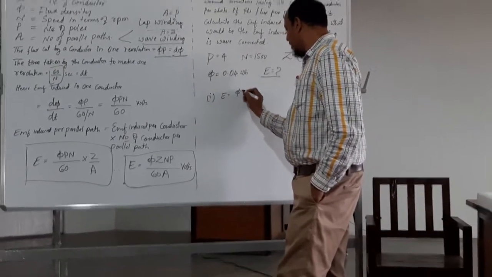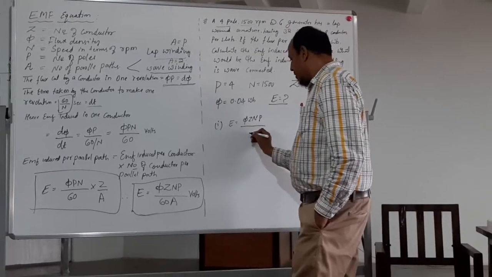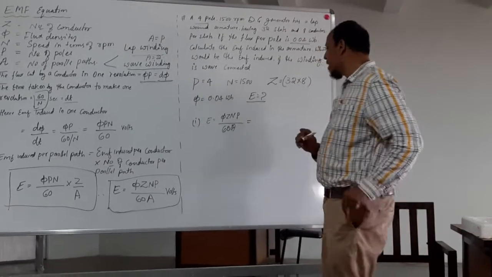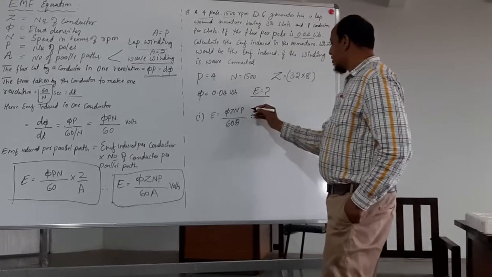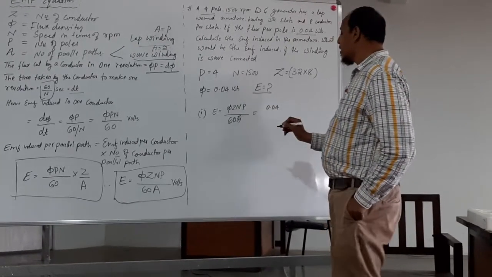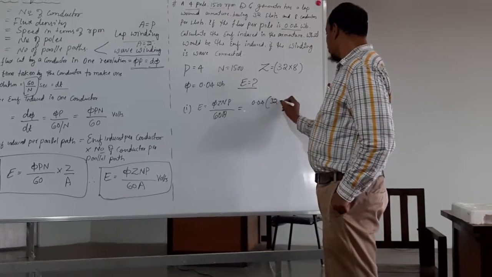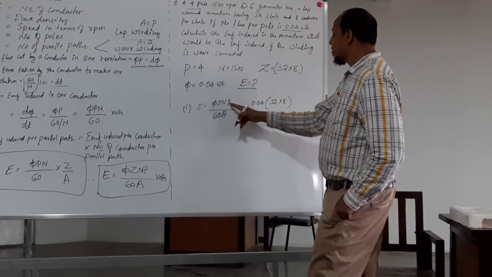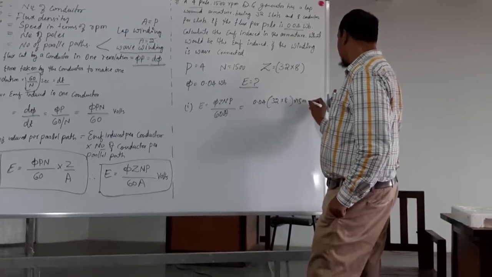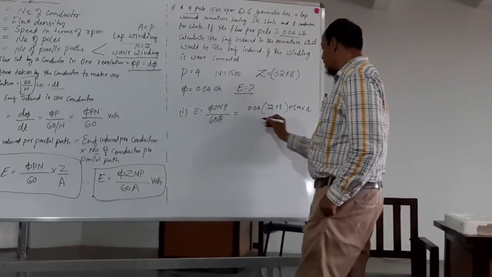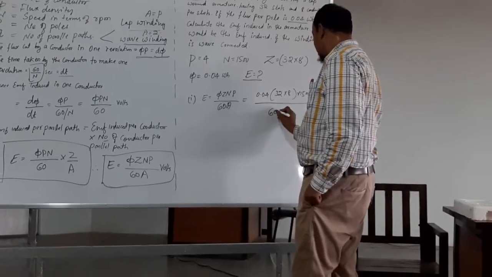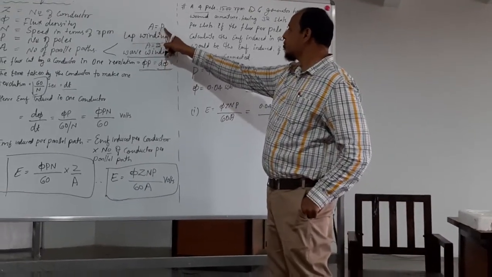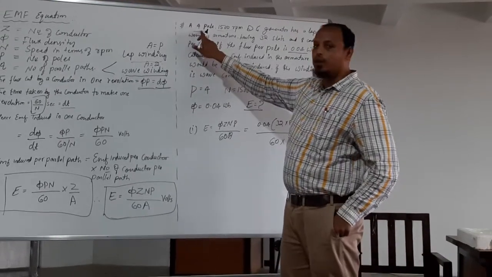E equals phi Z N P divided by 60 A, and by substituting all this data we get phi as 0.04, Z as 32 into 8, speed as 1500 rpm, P as 4, and 60 into A. Now, as I told, for lap winding A equals P, and in the given problem A is equivalent to 4.